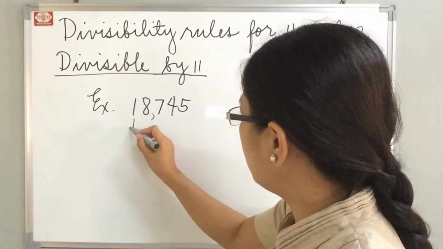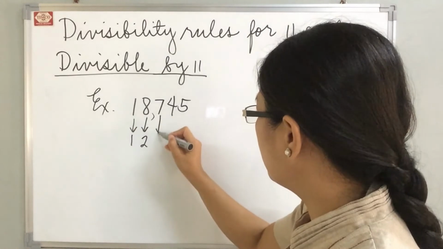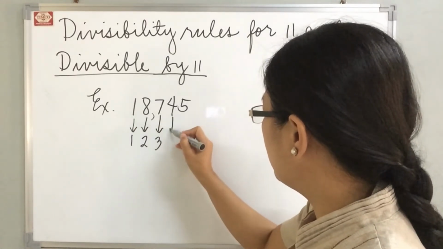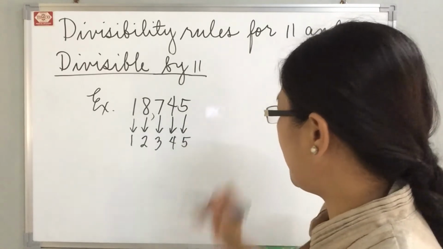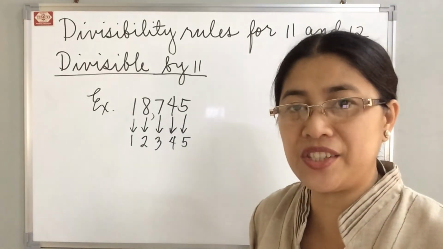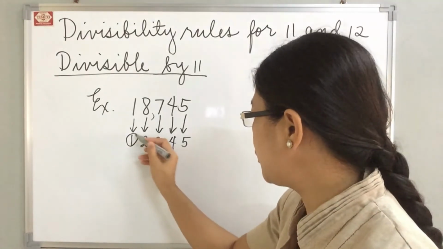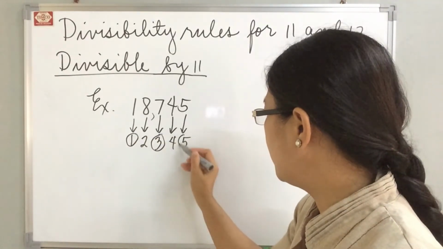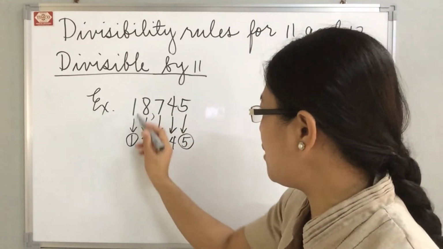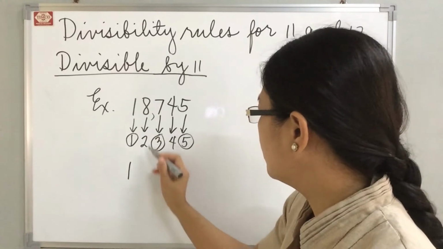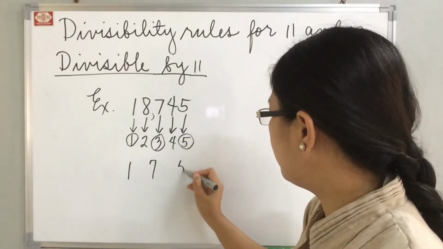This is 1, 2, 3, 4, and 5. Then, get the digits in the odd places. These are the odd numbers, 1, 3, and 5. And the digits on top of them are 1, 7, and 5.